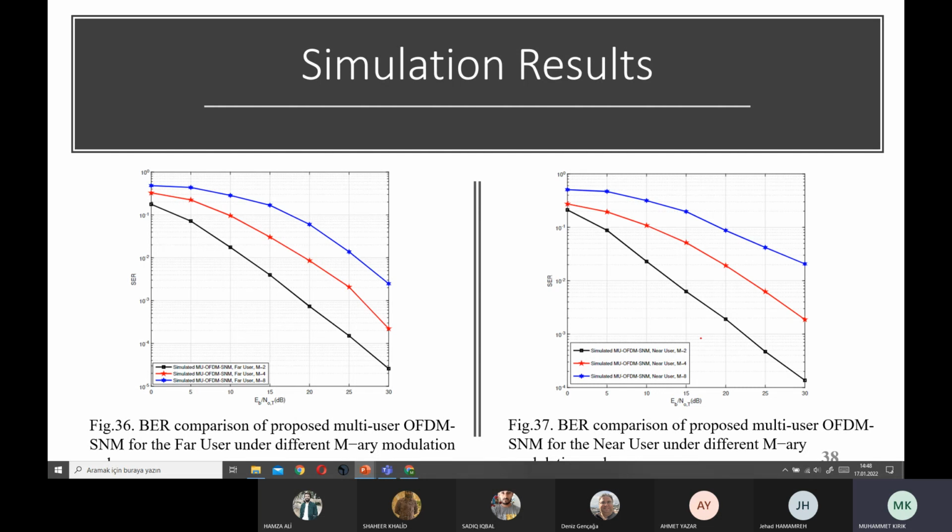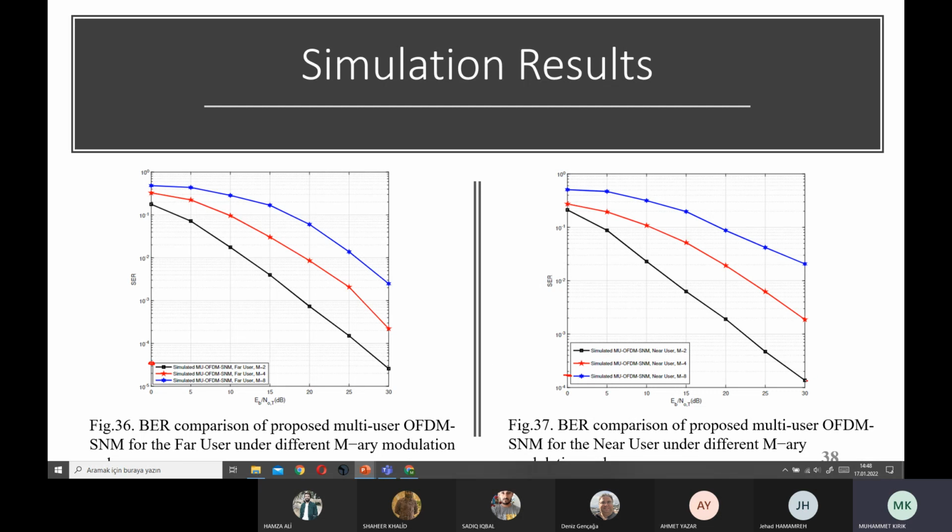As you can see, when we look at figure 36, when we use binary phase shift keying for the transmission of the far user, we can reach a point between 10 to the minus 4 and minus 5. And for the near user, when we use BPSK modulation for the transmission, we can reach a point between 10 to the minus 3 and minus 4.